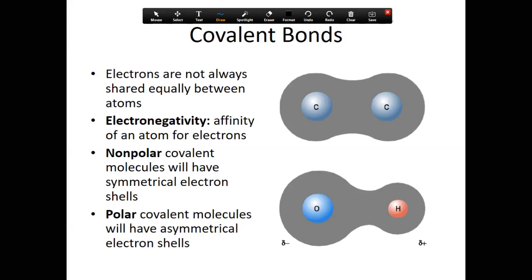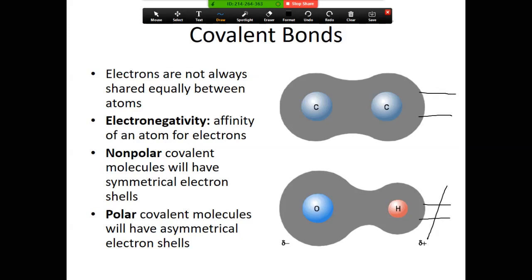And you can see in the top picture that that cloud is nice and symmetrical. So that shows us that these atoms are indeed sharing electrons equally. But the bottom picture, however, not so much. That is not an equal distribution, so there is unequal sharing here.